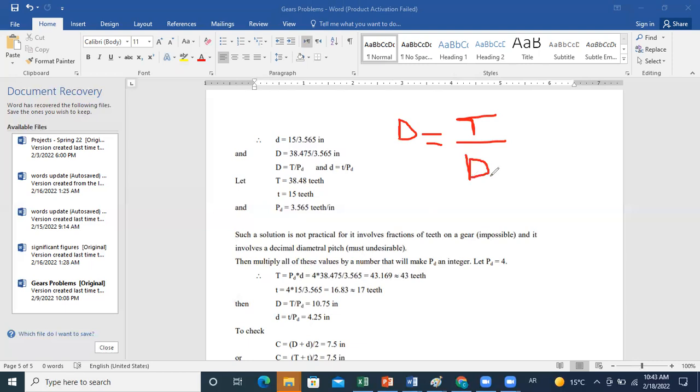Now in the given, let us check if they gave us any index on the number of teeth or the diametral pitch. If not, we should try to do some selections as we did before. So we consider a certain available number of teeth and we calculate the corresponding diametral pitch.